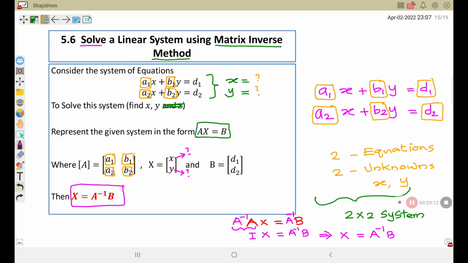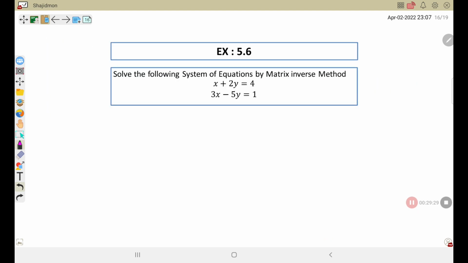Now we will do one live example so that it is clear to you how we can find the solution of a 2 by 2 system of equations. Okay, we will go to one question.